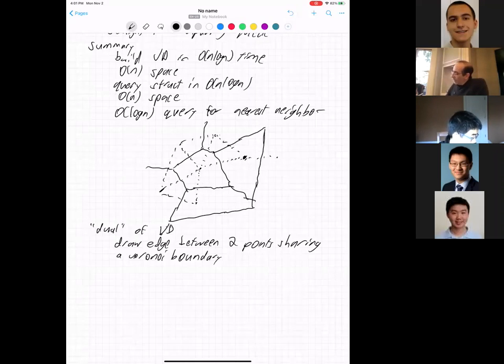And what this means is, since the Voronoi diagram has points of degree 3, in the dual, all of the polygons will be triangles. All the faces of the dual will be triangles.